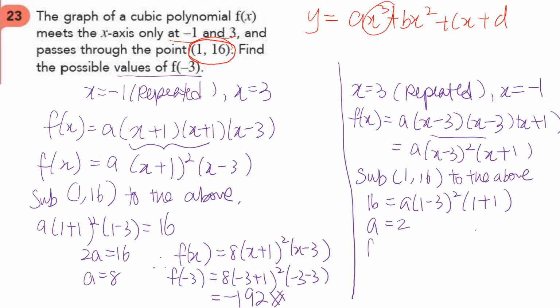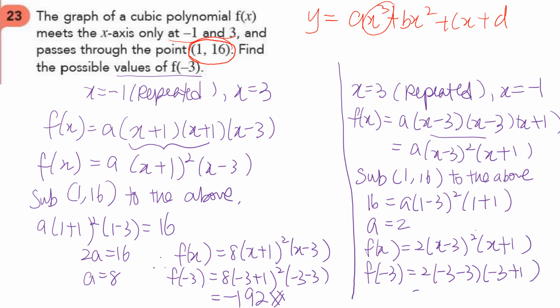So therefore your f of x will be 2 bracket x minus 3 squared, x plus 1. So to find f of negative 3, that gives you 2 bracket negative 6 squared bracket negative 2, which is 24. Okay, let's keep our fingers crossed. Correct answer is 23. Ah! The answer is wrong. Negative 144 and 48.